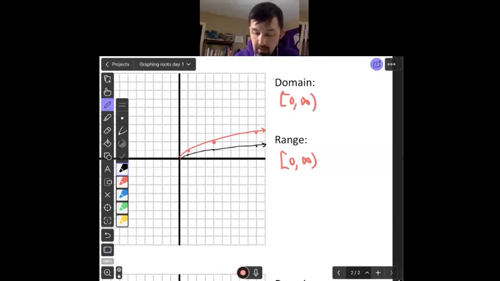But as far as domain and range, the domain didn't change. It still starts at 0 and goes to the right forever. And as far as the range, that also didn't change because it still starts at 0 and goes up forever, just slower.